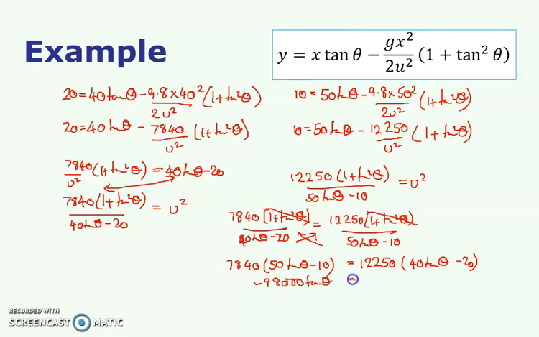tan theta. And I'm now going to move this thing and this thing and expand it, but then move those numbers onto the right. So I'm going to do 12250 times 20, that's the negative version of that. I get minus 245,000, and now I'm going to add on to it the 7840 times 10. And I get minus 166600. So I can ignore the minuses on both sides.